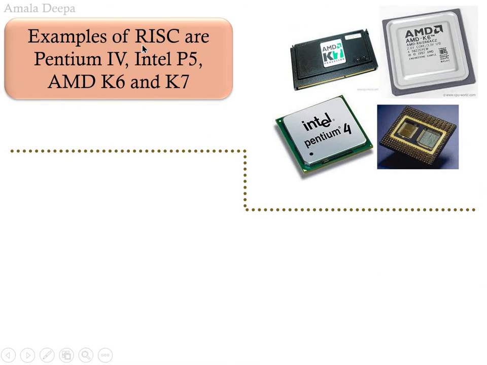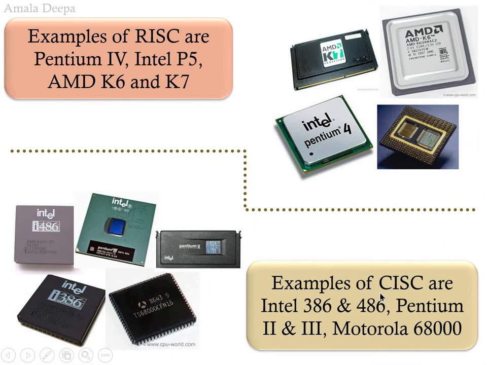Here are some examples of reduced instruction set computers: Pentium 4, Intel P5, AMD K6 and K7. Examples of complex instruction set computers are Intel 386 and 486, Pentium 2 and 3, Motorola 68000.